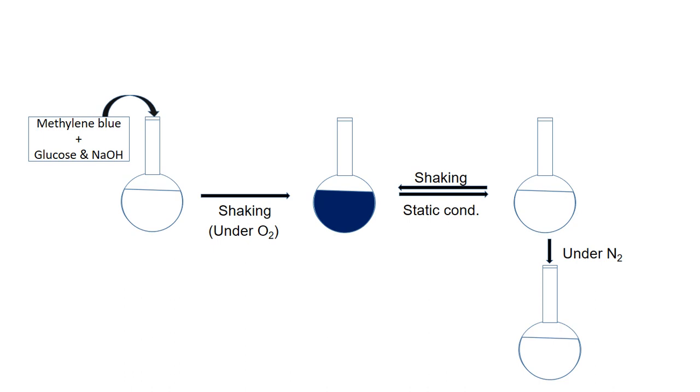That means the importance of oxygen to oxidize that reduced dye, because in air if you proceed with this reaction then that blue color generates, but under nitrogen atmosphere, that means absence of oxygen, there is no formation of blue color, which confirms the importance of oxygen and also confirms the oxidation of that reduced dye to reappear the blue color.